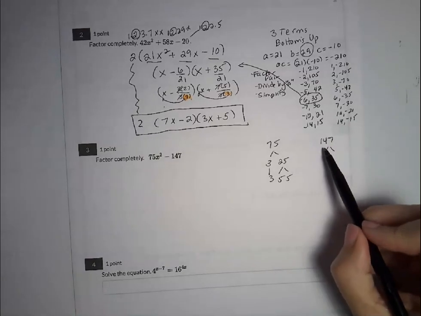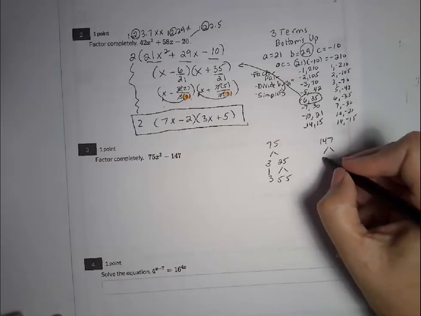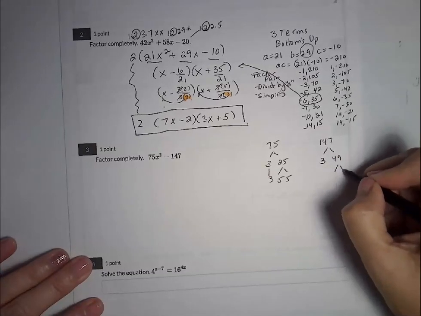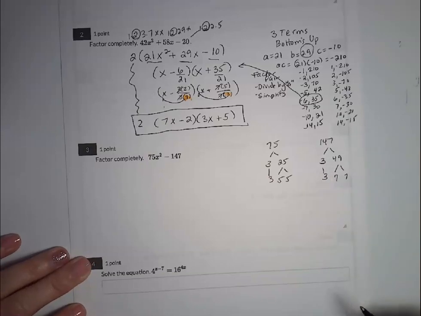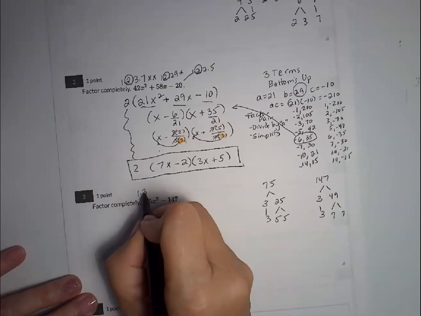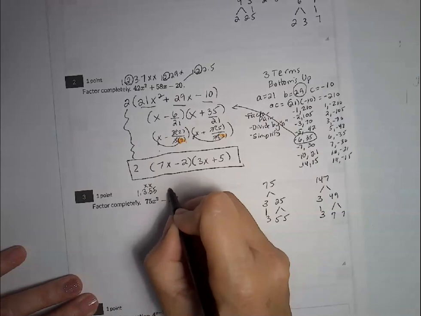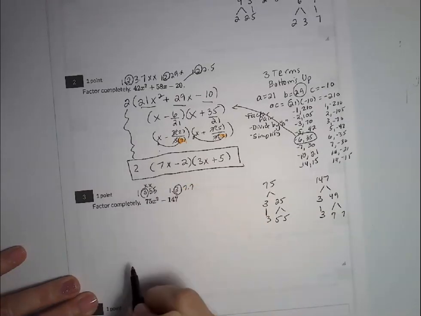And the rule on that is you can add up the digits, and if they're divisible by 3, it's divisible by 3. But you guys have a calculator, just use your calculator and try it. Probably quicker on a final exam. And then 49 is 7 and 7. Oh, so we do have a greatest common factor because if I wrote these above each one, 1 times 3 times 5 times 5 times x, and then 1 times 3 times 7, you can see that they both have a 3.